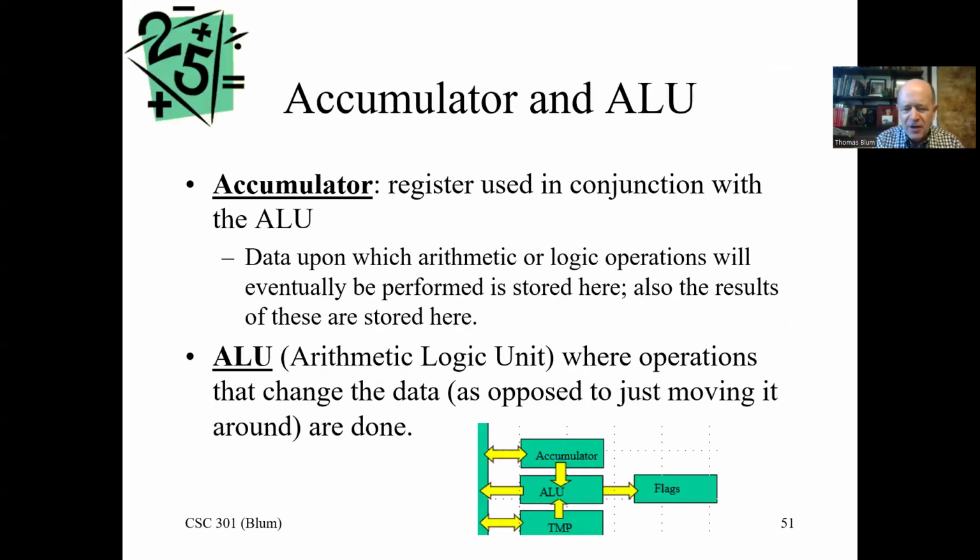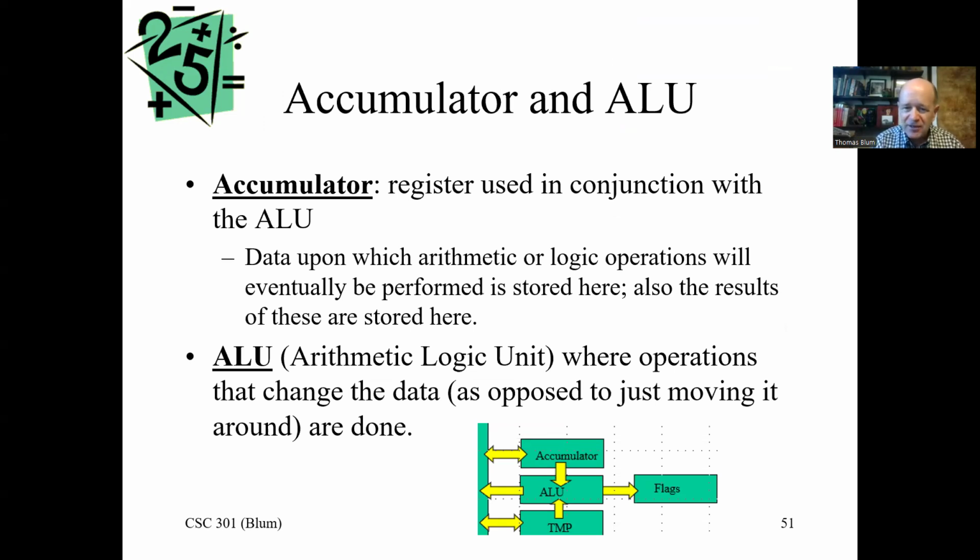On the other side, on the upper right, the ALU, I'll skip down to the ALU and come back up. The ALU is where data gets changed to other data. It's where the actual programming and calculating gets done. That's where the action takes place.